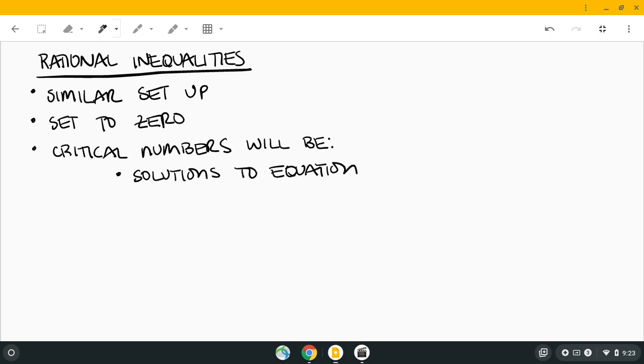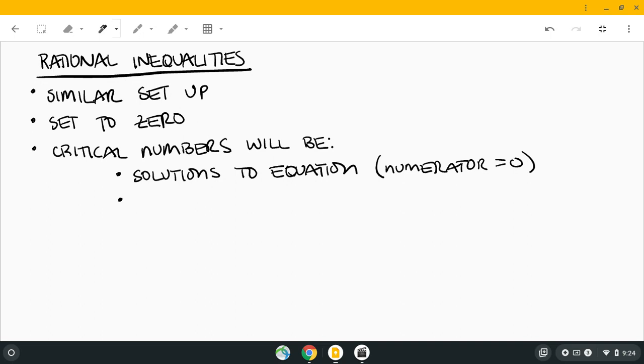Okay, so this is basically where the numerator will be 0. And then it will also be where it's undefined.